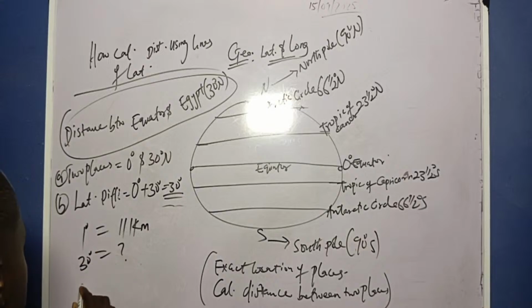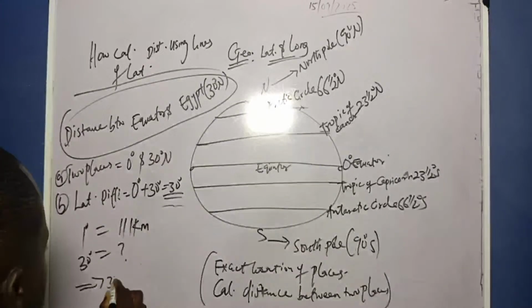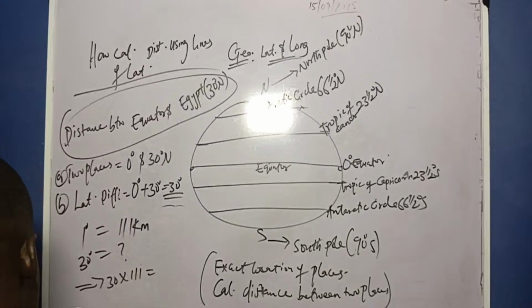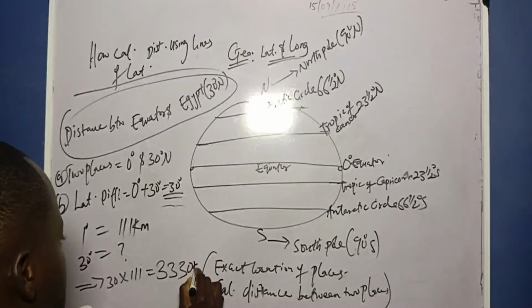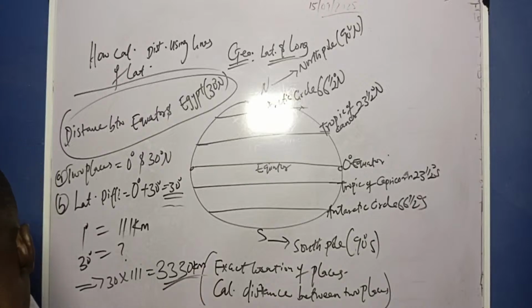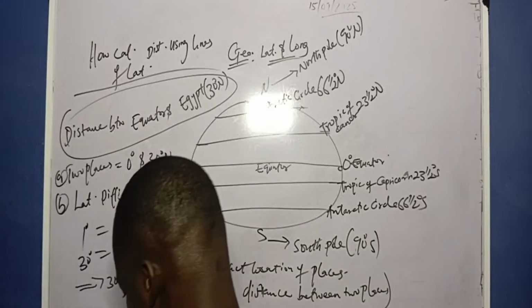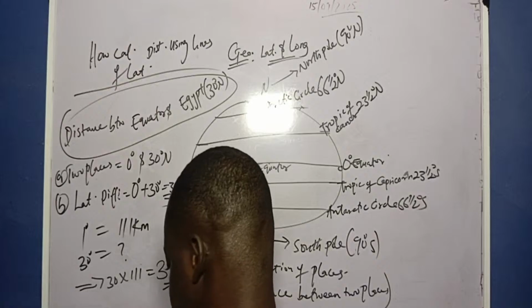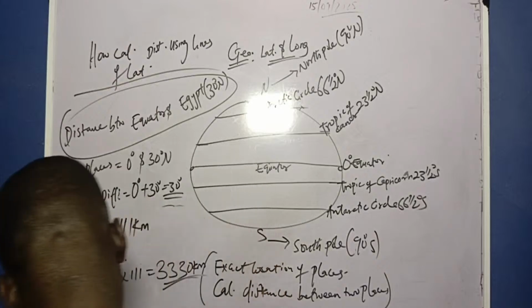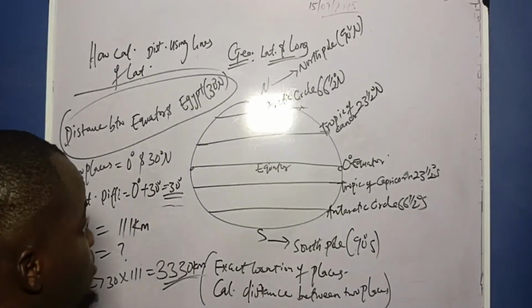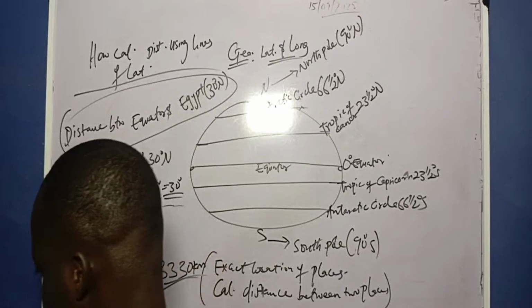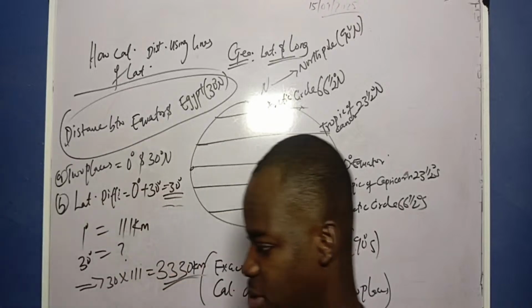When you cross multiply, 30 times 111 is going to give you 3,330 kilometers. So that is what it means to have calculated distance using latitude.